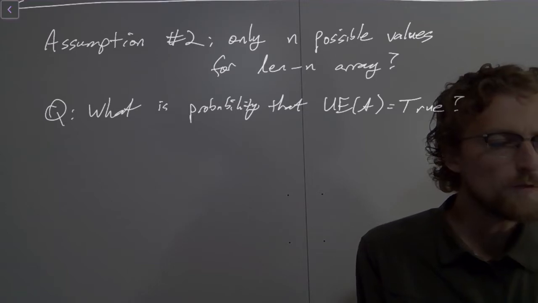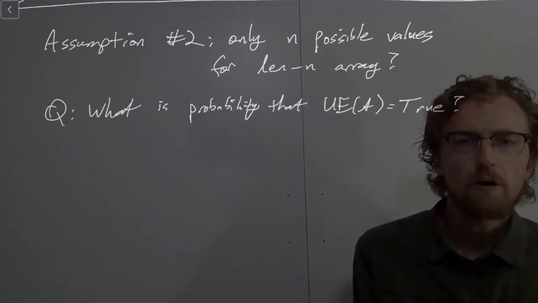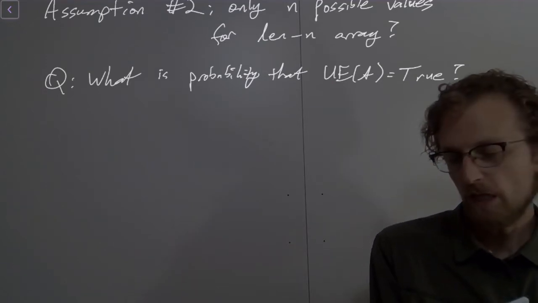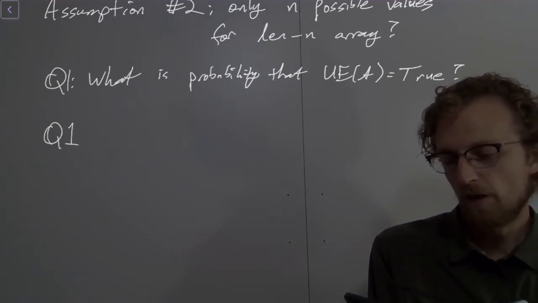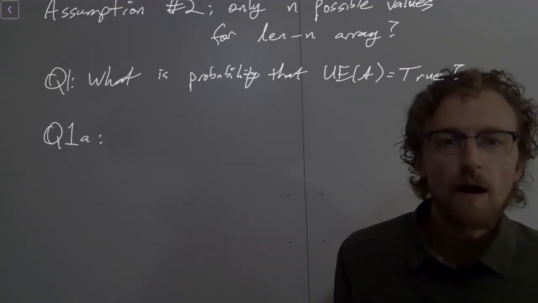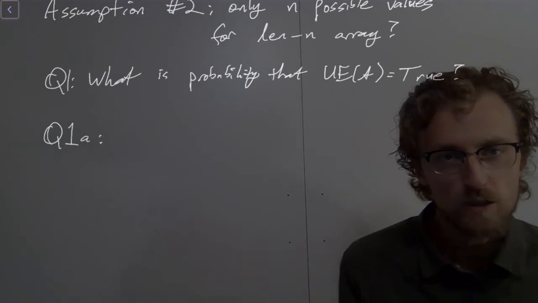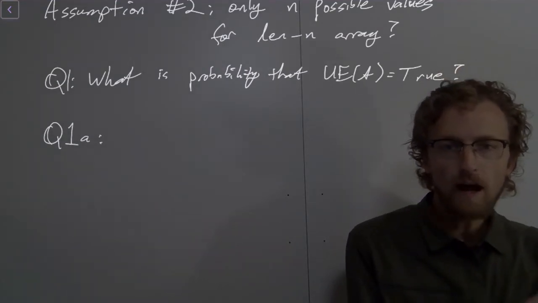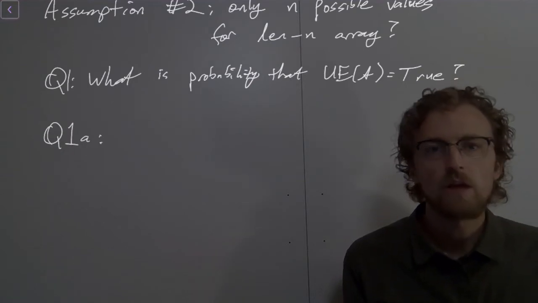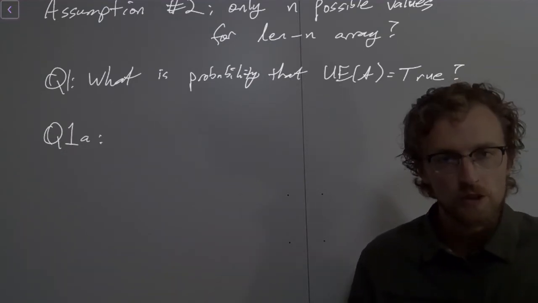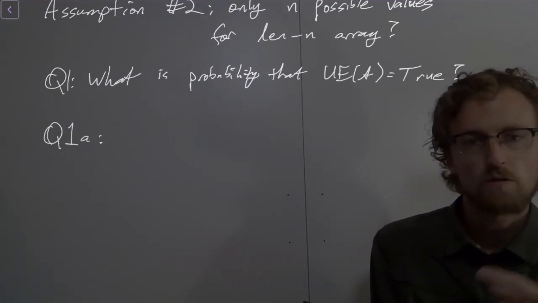First of all, we need to characterize the possible input space. Here's Q1A: how many possible inputs are there? We'll figure out how many of those inputs return true, and then we can figure out the proportion, or the probability, of inputs that cause the function to evaluate true.